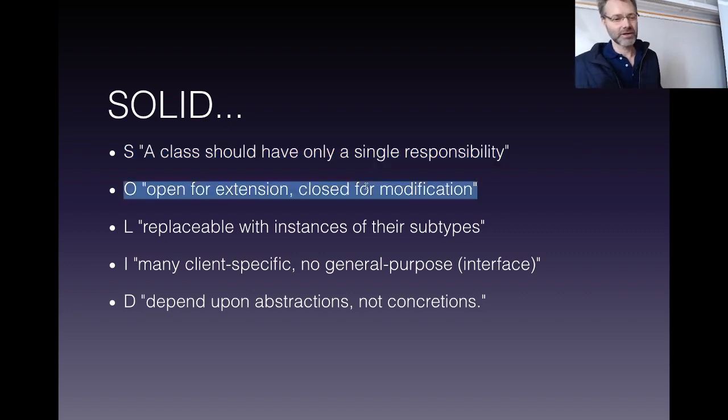The O would be something like using private, public, protected when we use our classes in a good manner. Let's provide an API so the user of the class can use my class, and then I can code inside my class and rearrange my code inside without affecting the usage of my class.